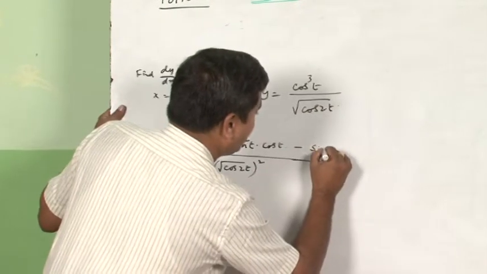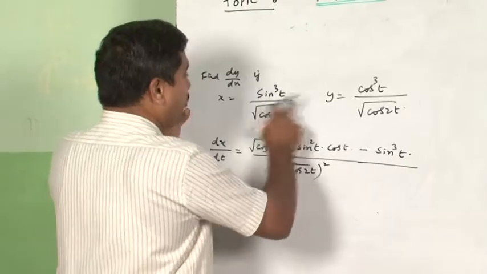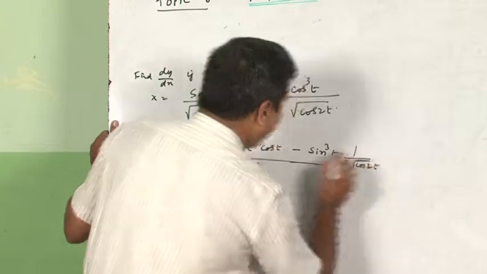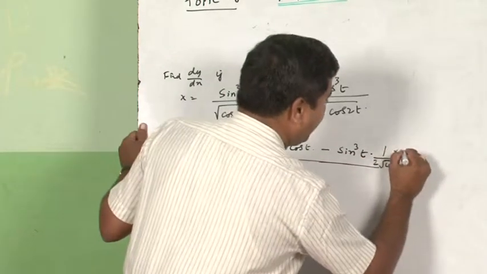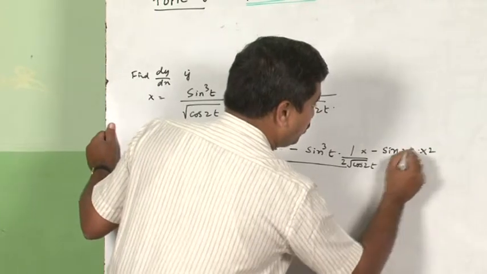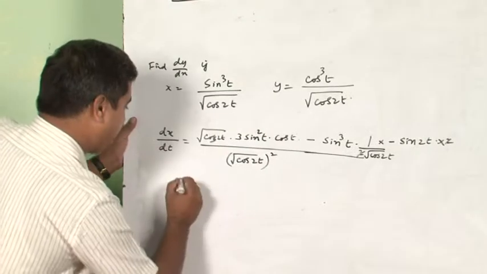is sine cube t into differentiating this, which is as good as the root x formula, that is 1 by 2 root cos 2t, and differentiating cos 2t is going to be minus sine 2t into 2. The 2 and 2 cancel, and the minus will get multiplied with this.